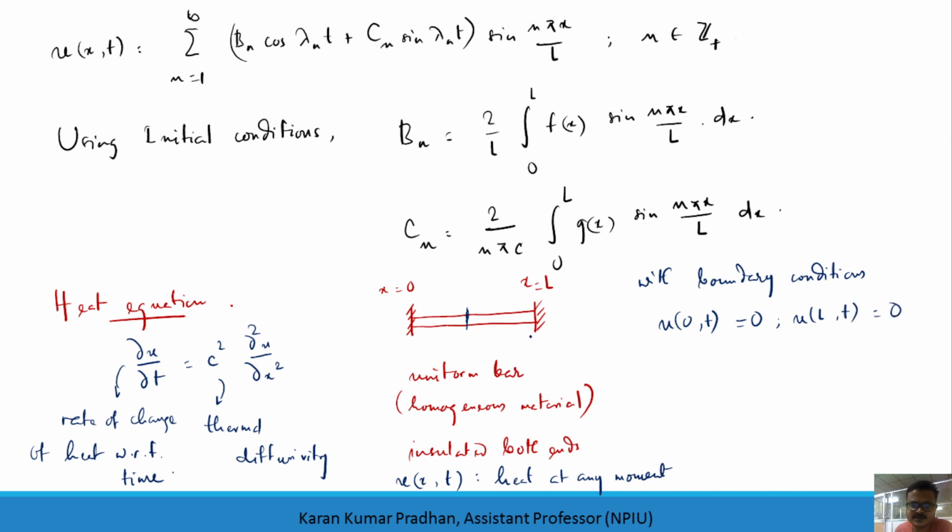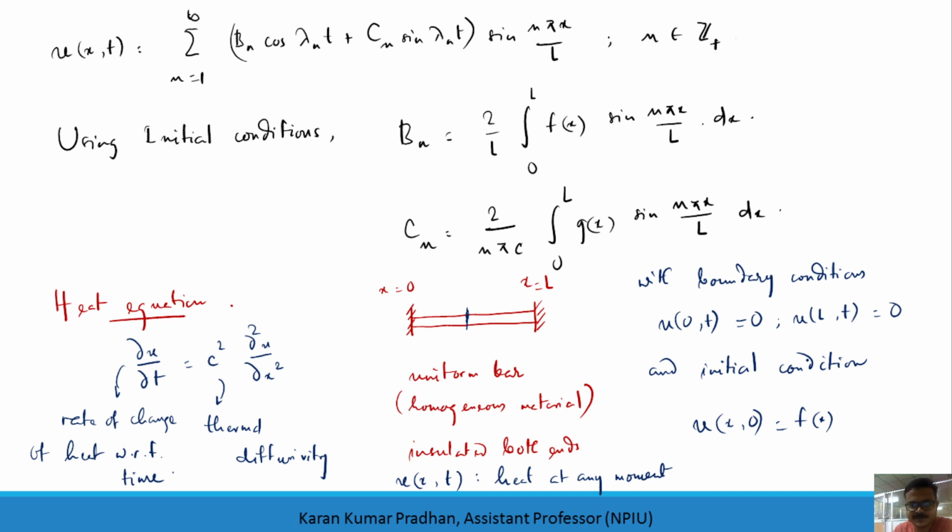It will be frozen, or the temperature is kept at 0, let us say. And for the initial condition, I need only one, because of the first partial with respect to t: u at (x, 0) is f of x. That means initially whatever source you are providing, a sinusoidal, constant or triangular heat source. Accordingly we will find the solution.